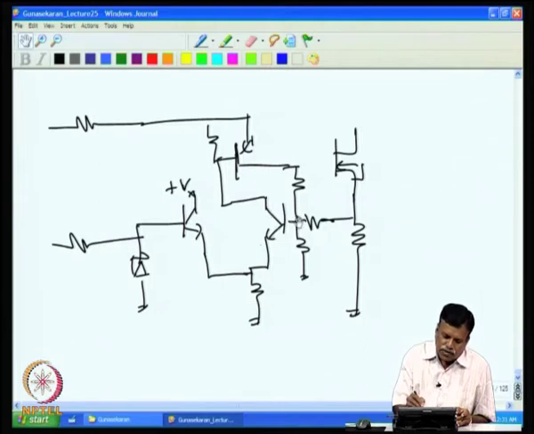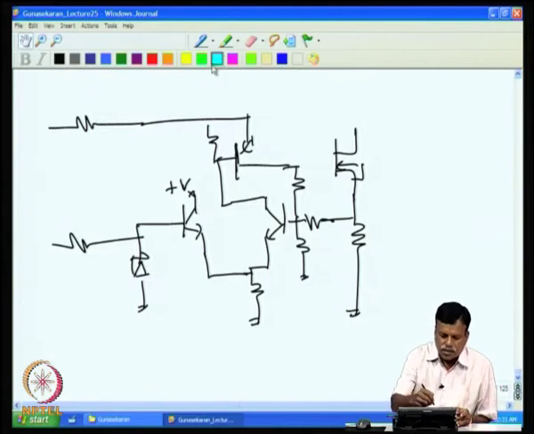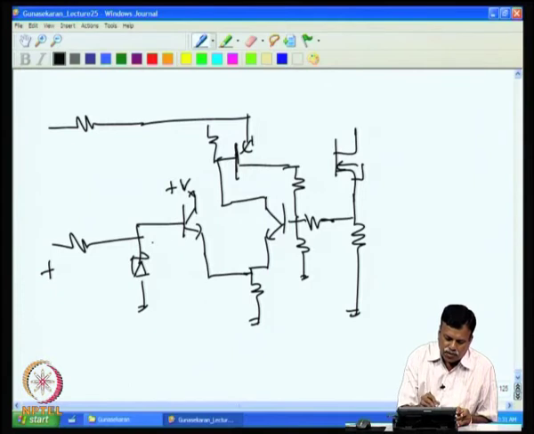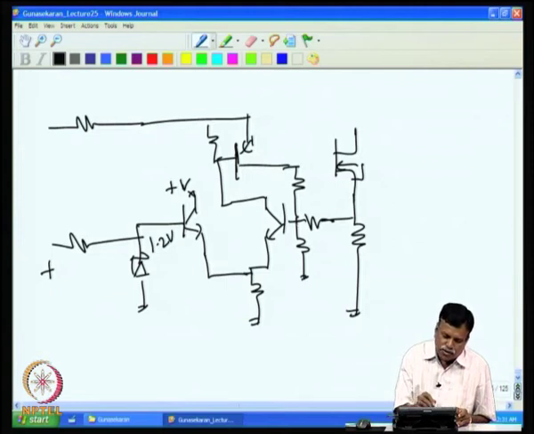But then we had kept this one at reference voltage, because this is connected to V, say plus supply, and assume that we had kept this one at 1.2 volt Zener. If it is at 1.2 volt Zener, then this will start conducting only when it is above 1.2 volt, otherwise it will not conduct, because assume that at room temperature 0.6 volt is the drop, then this will be sitting at 0.6 volt, and this will start conducting only above 1.2 volt.